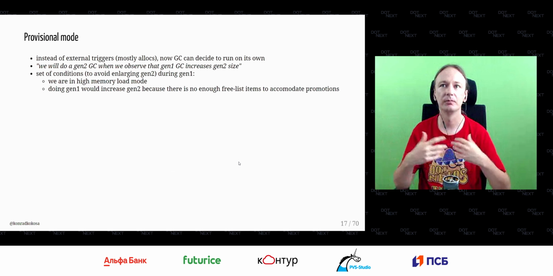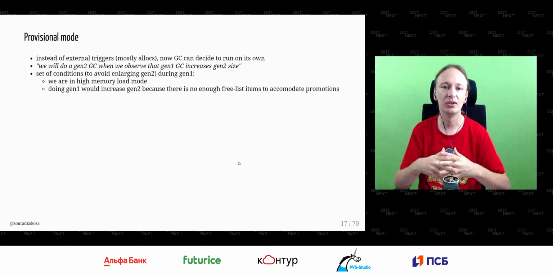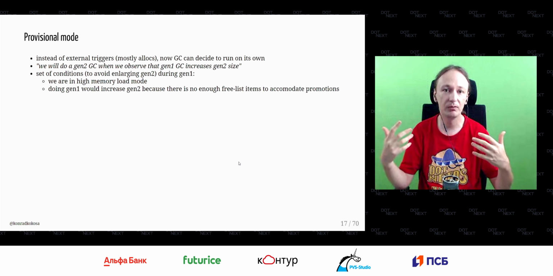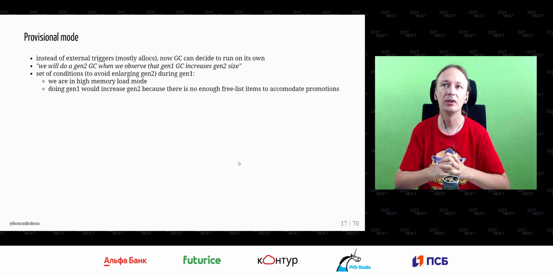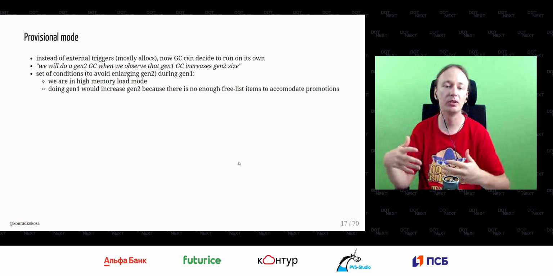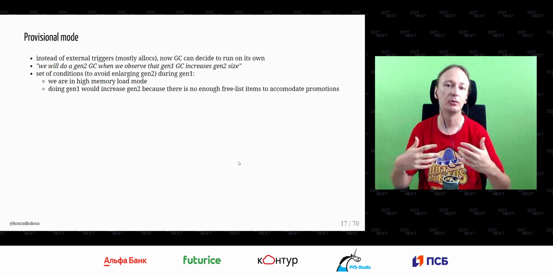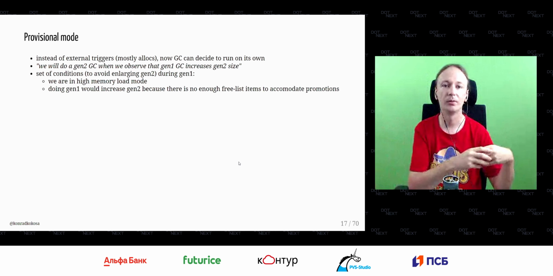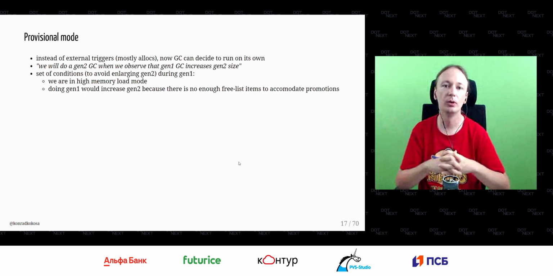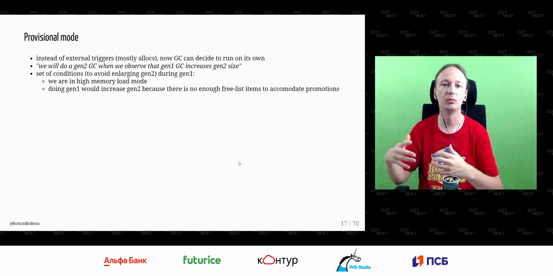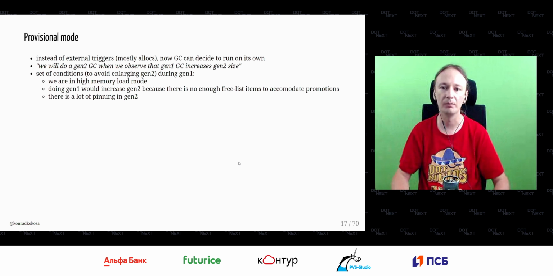Another condition is that, doing the GC, we see that yes, we have big fragmentation of generation 2, but it would be nice to use this fragmentation, so probably doing only Gen 1 GCs and promoting the objects from generation 1 to generation 2 will help us fight fragmentation better than trying to make compacting GCs all the time.